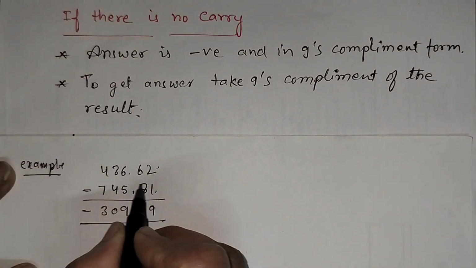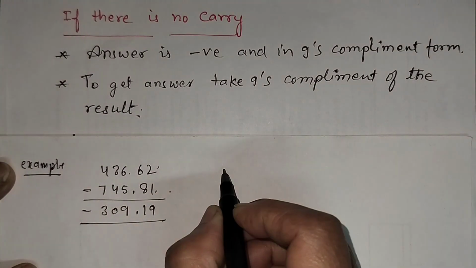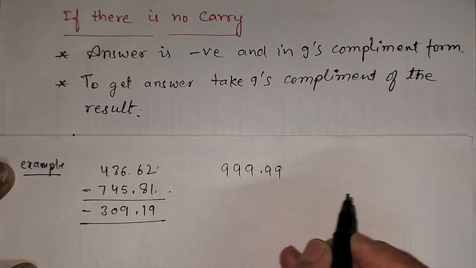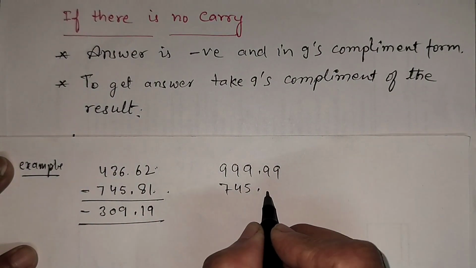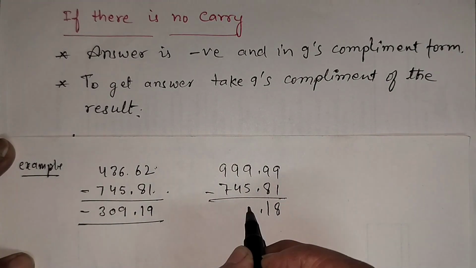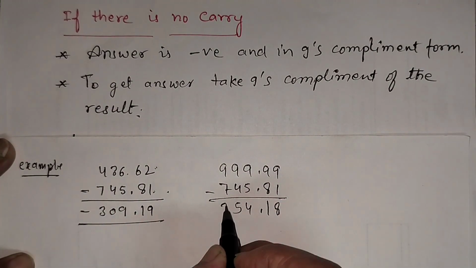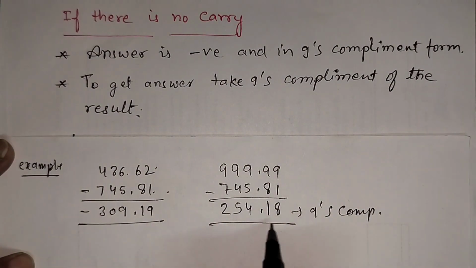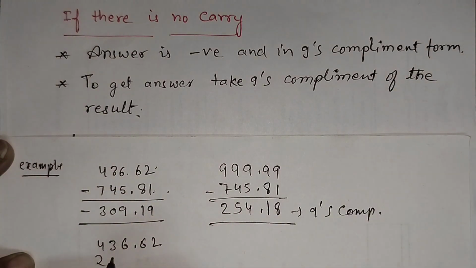Now we will find the 9's complement of this subtrahend. So now we will add this to this minuend, 436.62 and this 254.18.